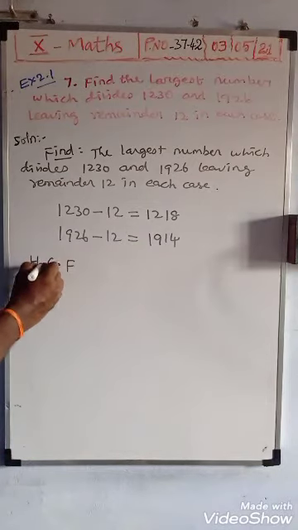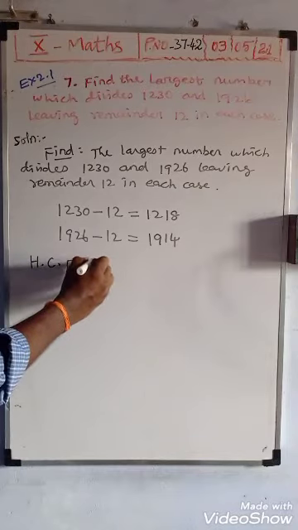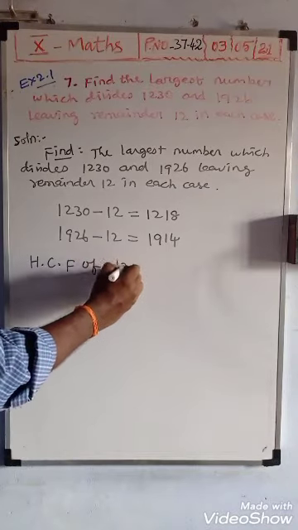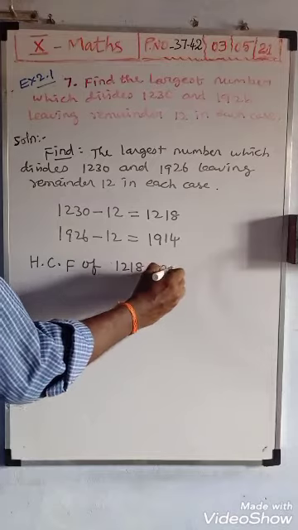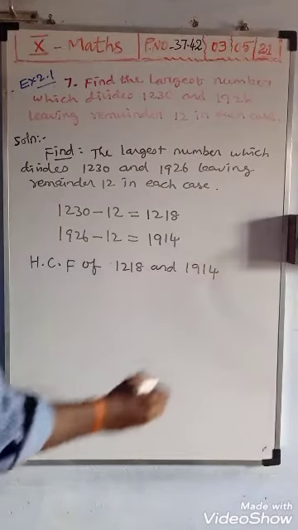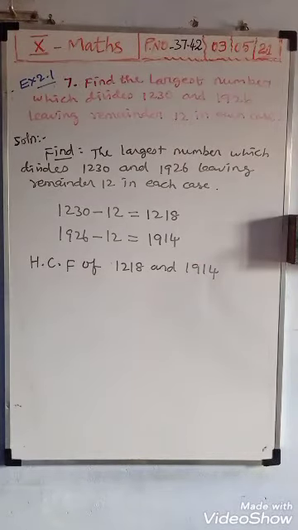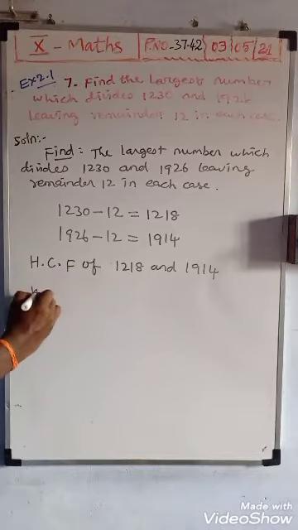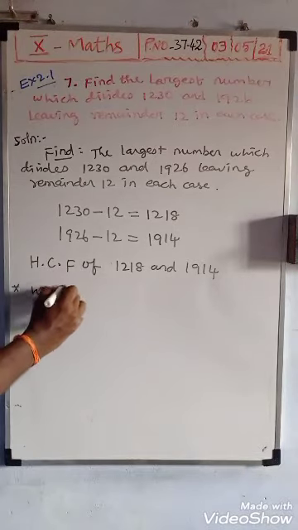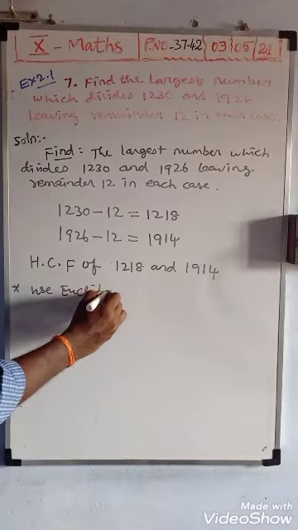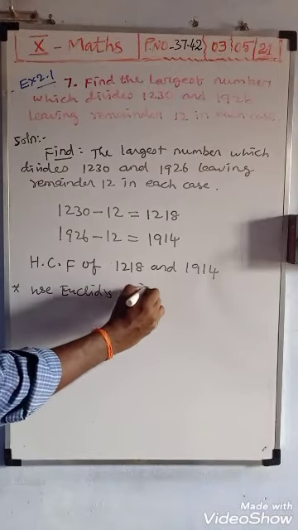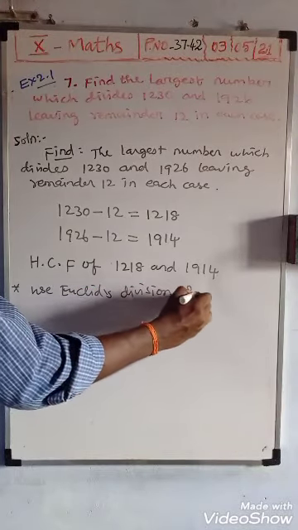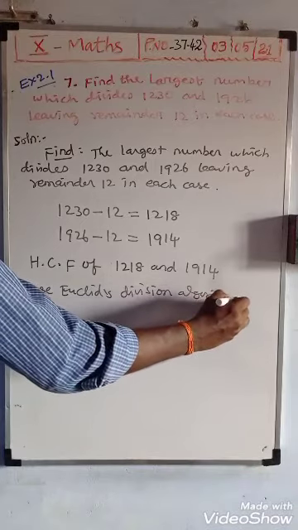So, the highest common factor of 1218 and 1914 we want to find. Now, use Euclid's division algorithm. What is that?